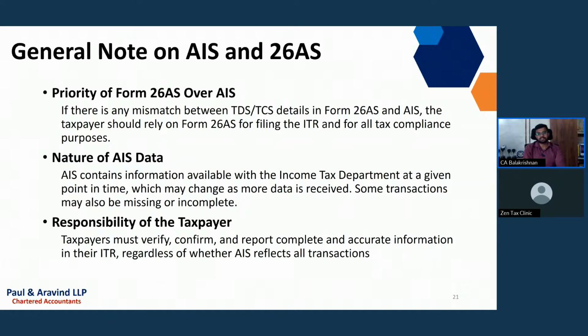Otherwise, at the time of scrutiny, we may face the consequences of why we haven't reported this income. The assessing officer may add unreported income as unexplained income. There is a possibility, so we need to make sure of proper compliance to the department.